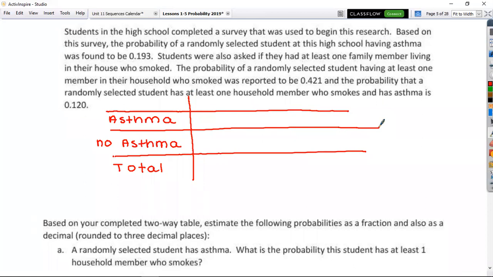Next, students were asked if they have someone in their family that smokes. So again, you can set this up many different ways. So I'll go no smokers, and then I'm going to go at least one smoker. Again, order doesn't matter. I was just trying to keep everybody the same. No smokers, at least one. And of course, on the very end of this, I'm going to add total.